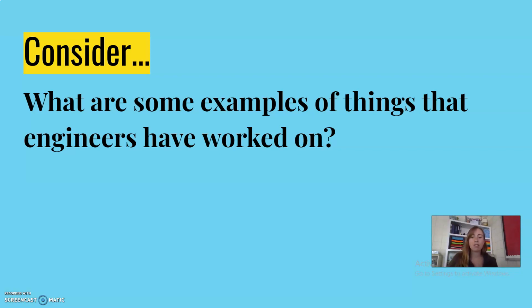Your laptop has been engineered and redesigned a ton of times. That's something engineers have definitely worked on. Even something like a chair, engineers or designers of some sort have done an engineering process on a chair. And out the window I can see a building being made. Engineers have definitely worked on that.